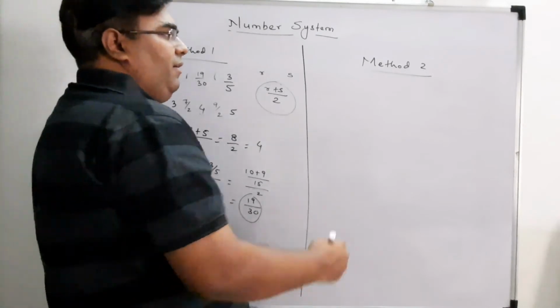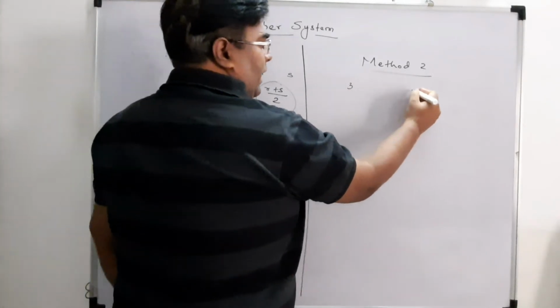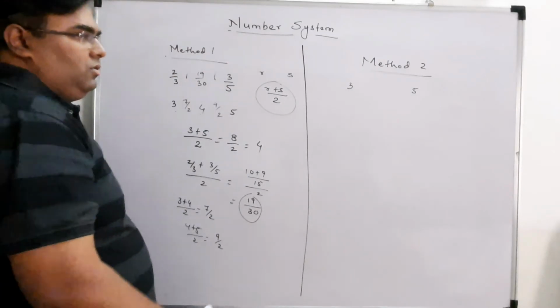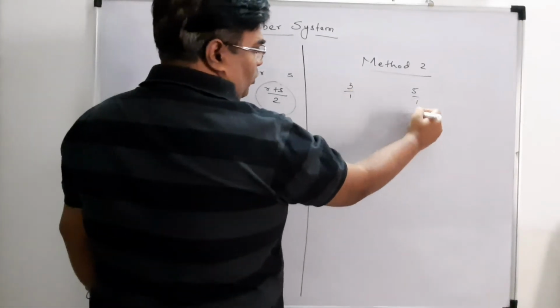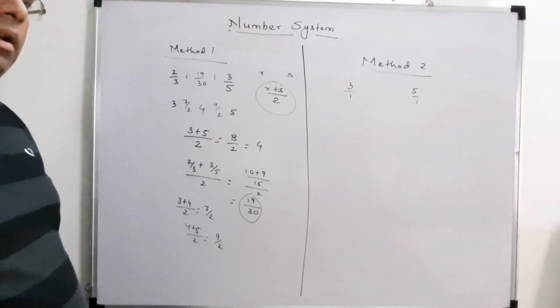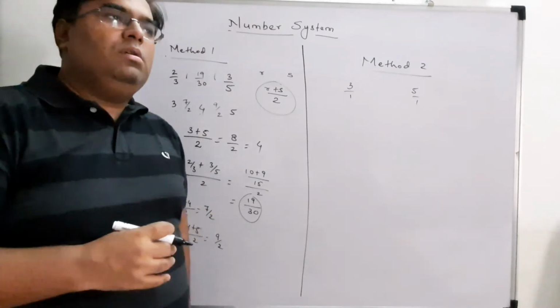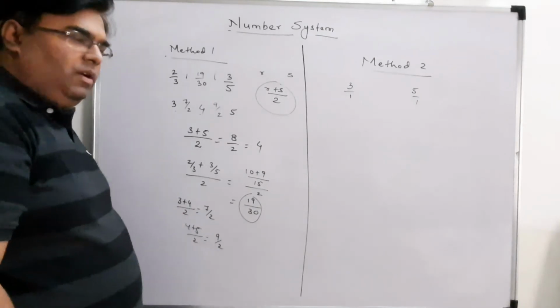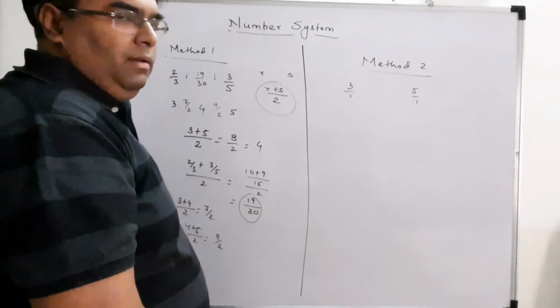Suppose we have 3 and 5. In the denominator both have what? 1, and we require to find, suppose, 5 rational numbers in between these two. What we will do, we will multiply both.